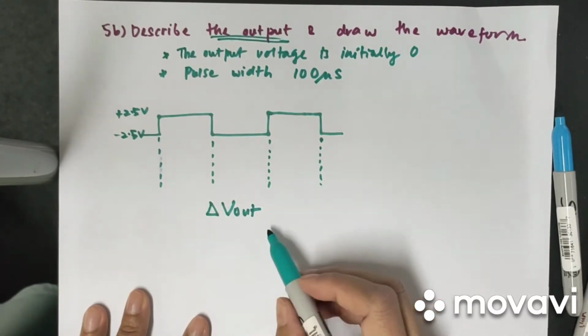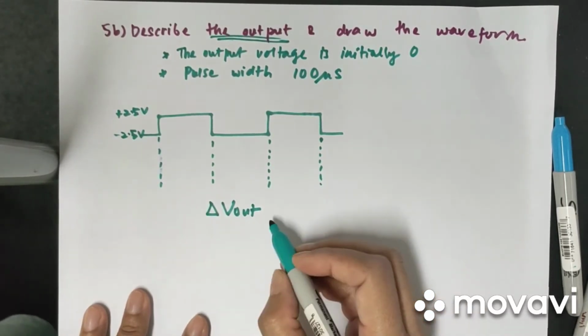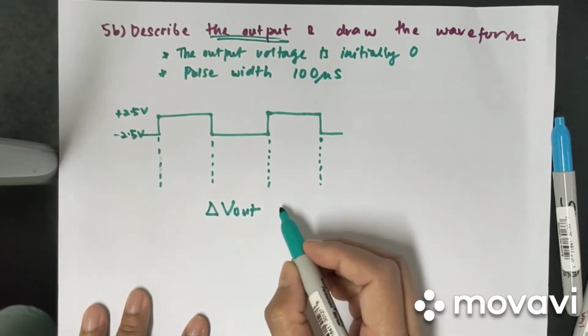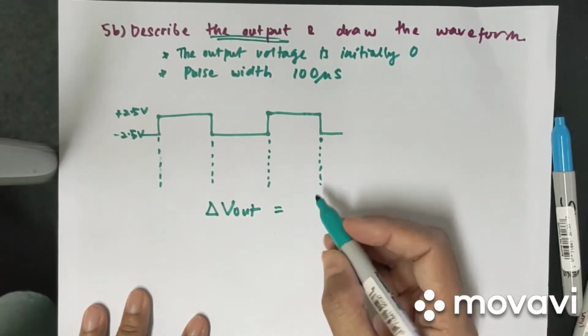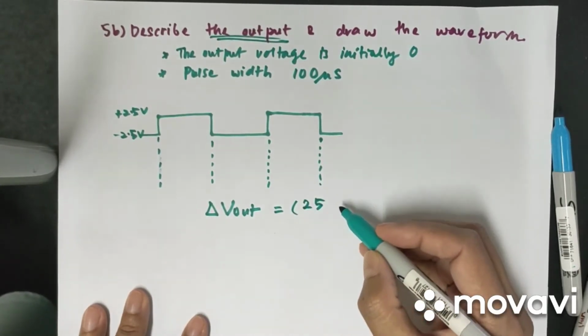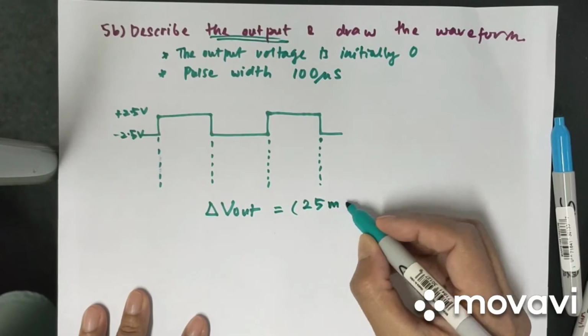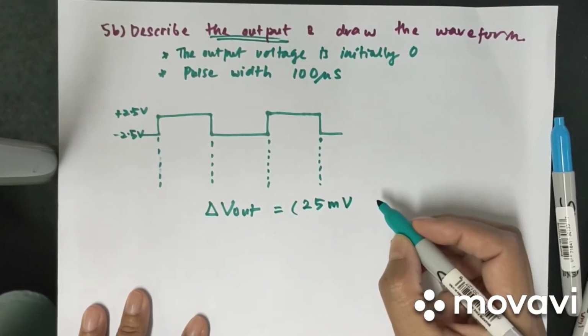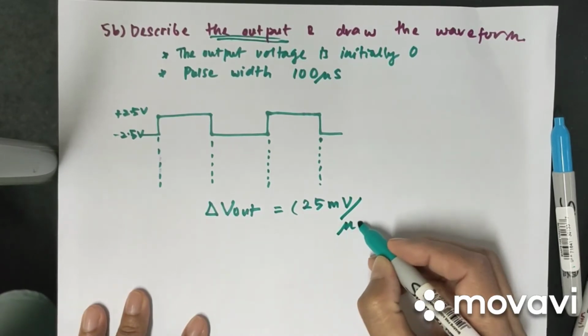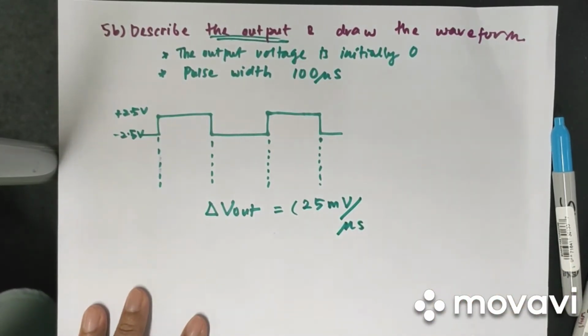So how? Delta V out is equal to 25. Remember, just now we got 25 millivolt per microsecond, right?